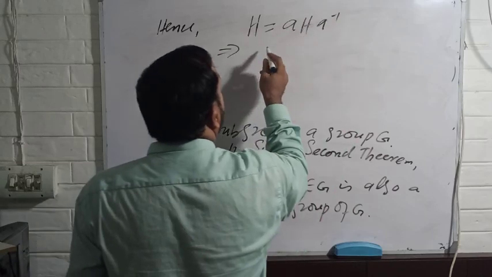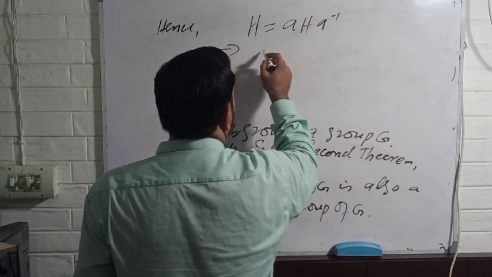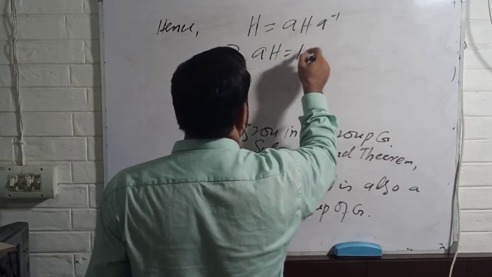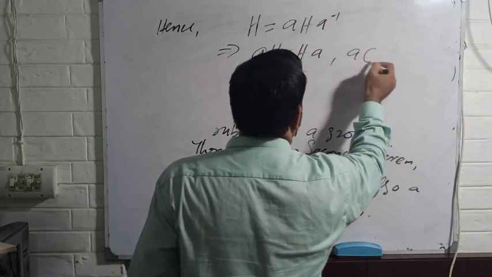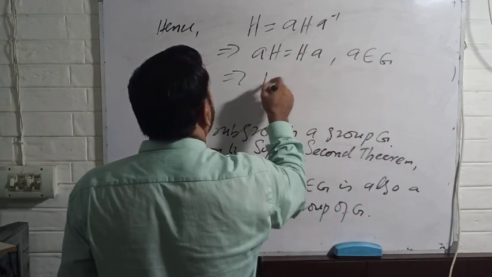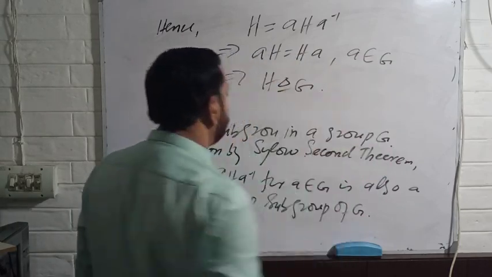This implies AH is equal to HA for A belonging to G. So this implies H is normal in G.